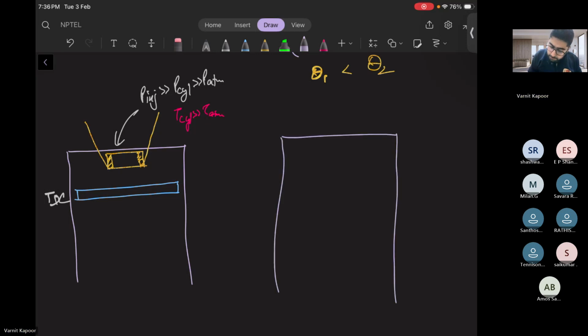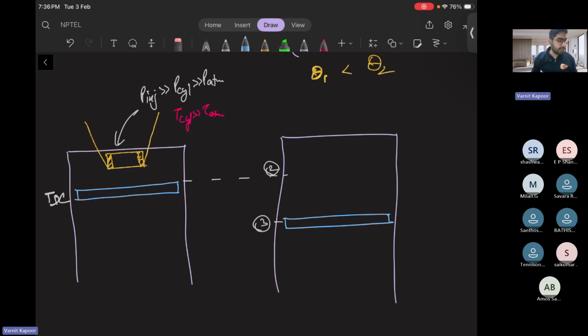Let us suppose this step was point number 2, and let us suppose the piston has also moved down, somewhere here. So from point 1 to point 2 to point 3, the piston has moved.